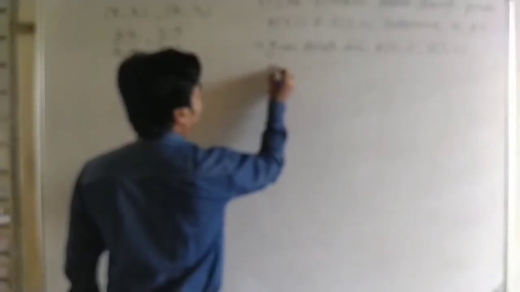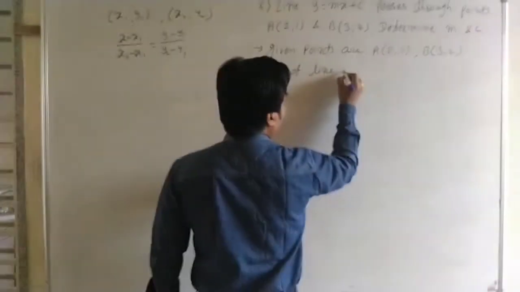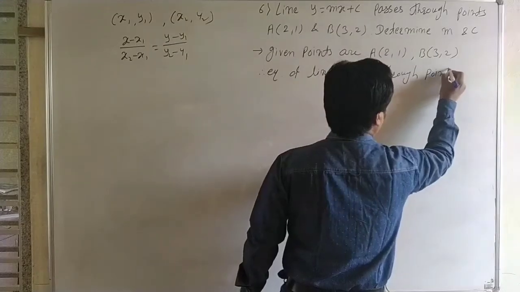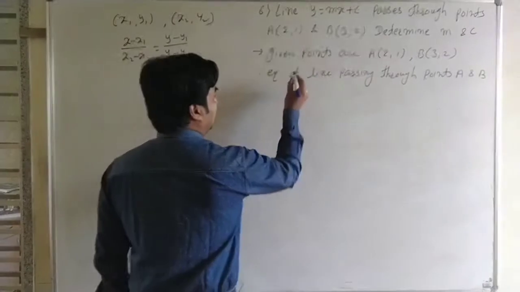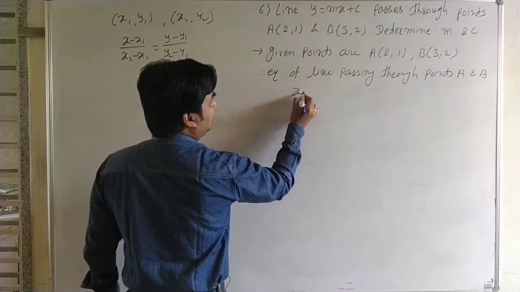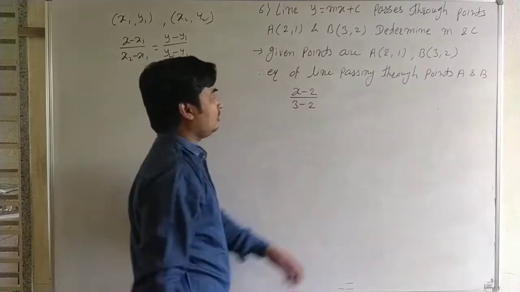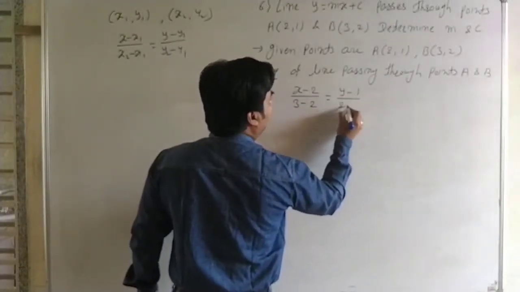Therefore the equation of line passing through points A and B is (x minus x1), that is x minus 2, upon (x2 minus x1), and equal to (y minus y1) upon (y2 minus y1).